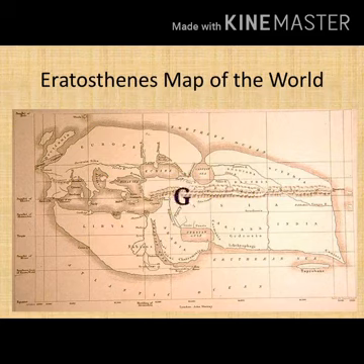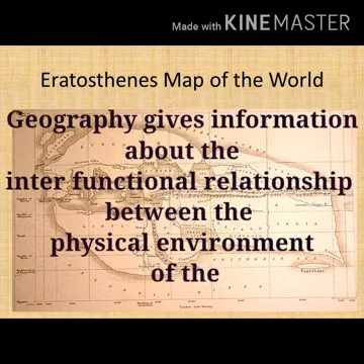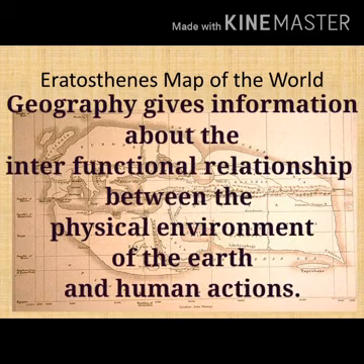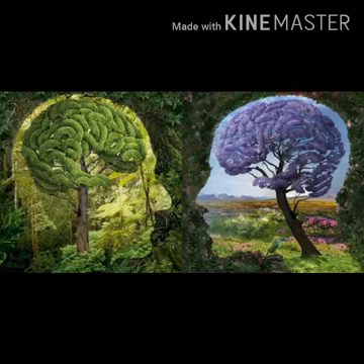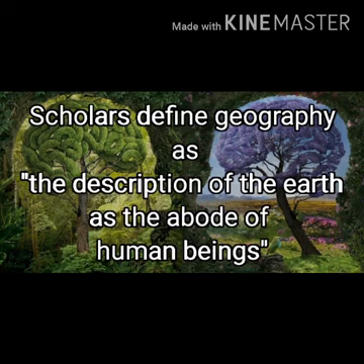It gives information about the interfunctional relationship between the physical environment of the earth and human actions. Scholars define geography as the description of the earth as the abode of human beings.